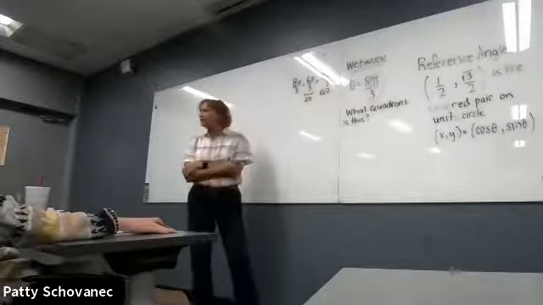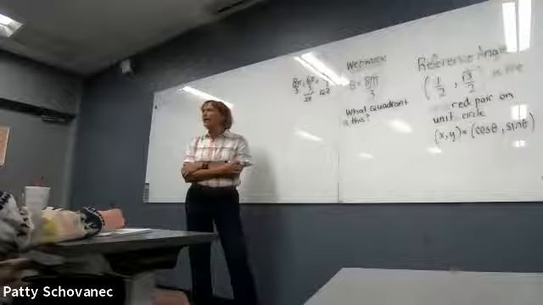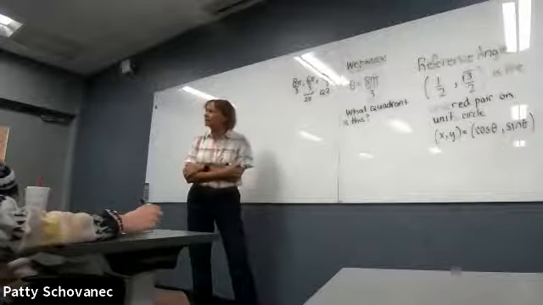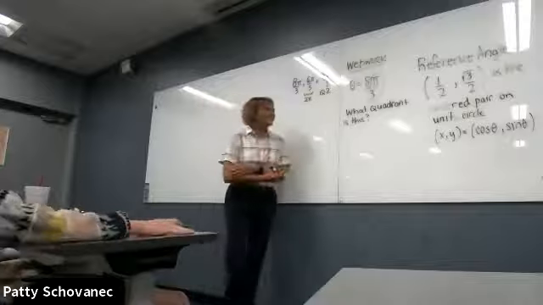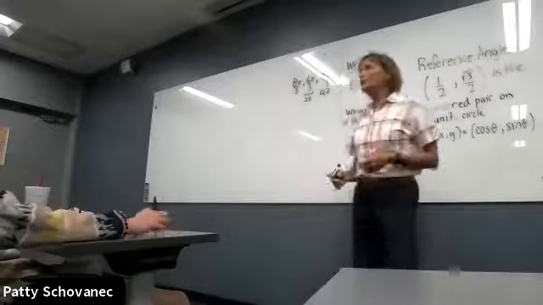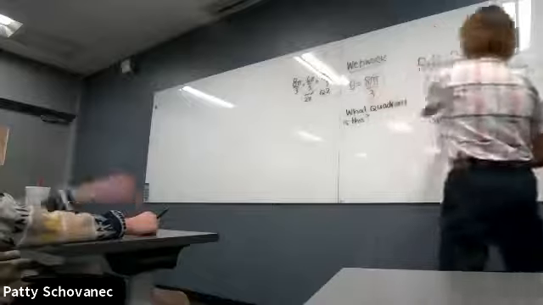Which trig functions are positive in quadrant 2? Sine and the cosecant, right? So in quadrant 2, everything's negative but the sine and the cosecant. So we're looking at these ordered pairs.